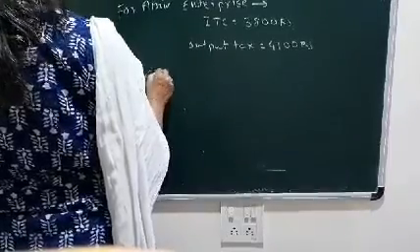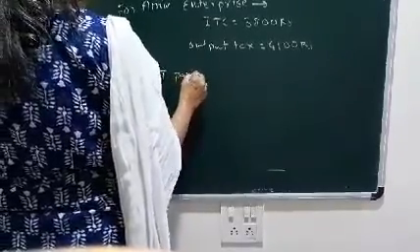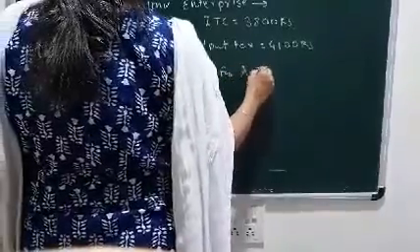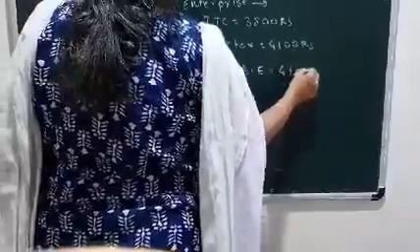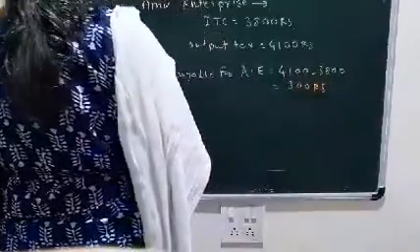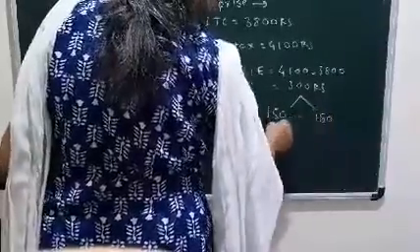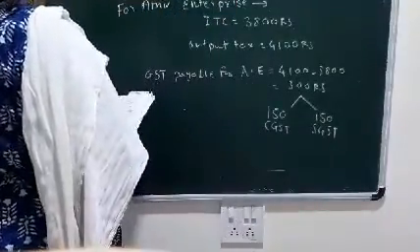So GST payable for Amir Enterprises, 4,100 minus 3,800, that is equal to 300 rupees. Followed? So in that 300 rupees, 150 is divided as CGST and SGST. Followed? So that is the first answer.